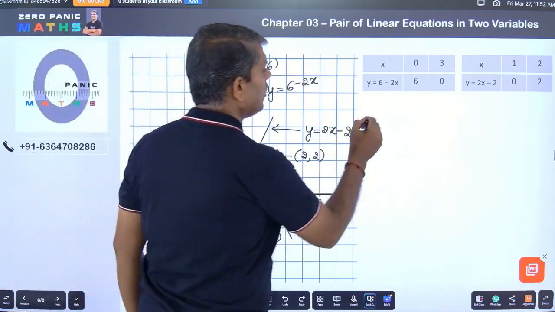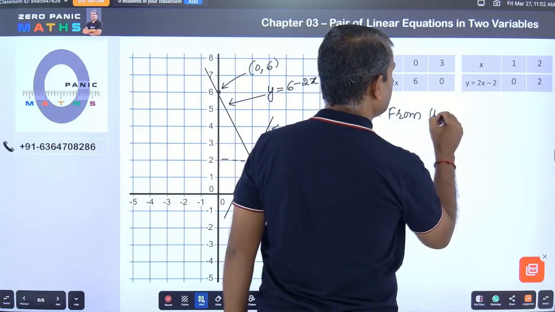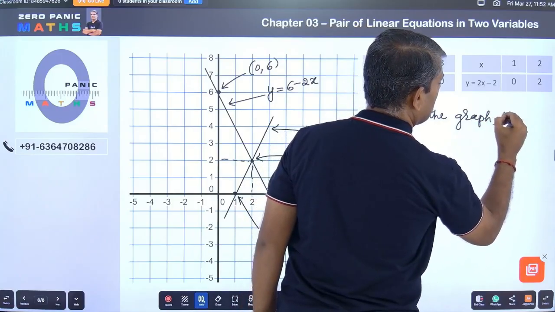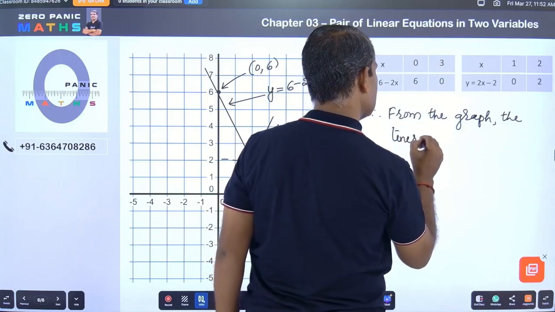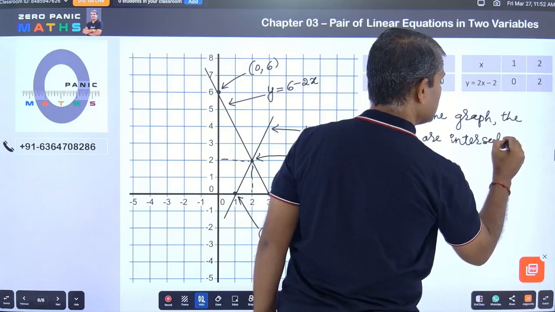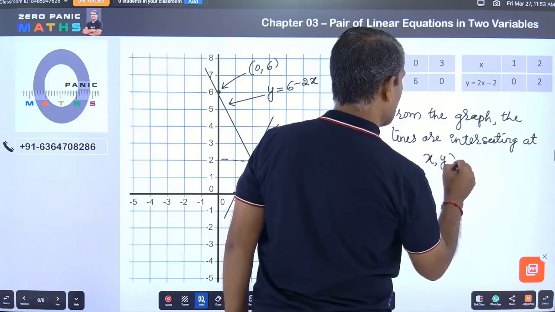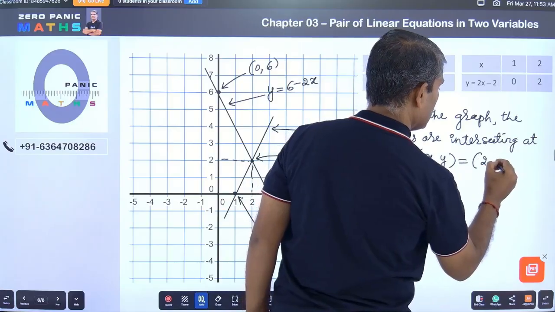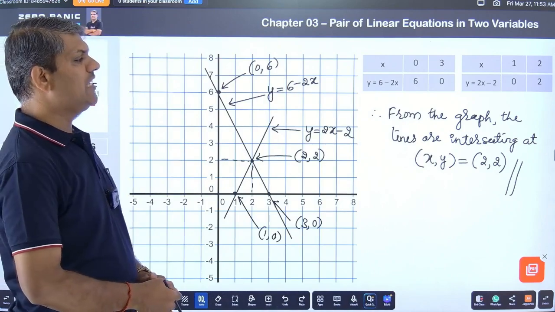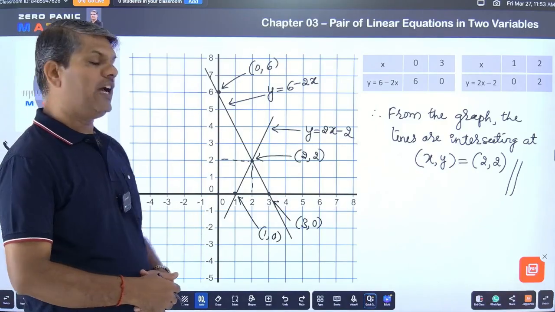Therefore, from the graph, the lines are intersecting at x comma y is equal to 2 comma 2. So this is the solution for this consistent pair of linear equations. Fine. Let us quickly move to the next question.